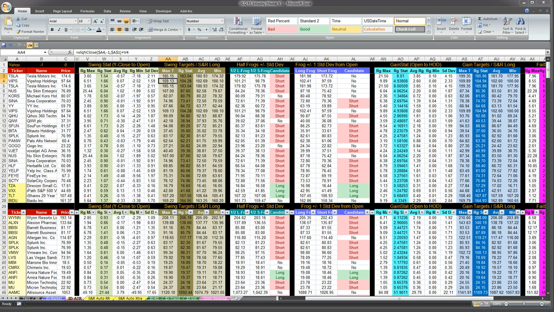So if I had Tesla and it was 174.60, the price it is now, and I'm deciding whether or not I want to hold it overnight, all I have to do is look over here and say, well, for the last 30 days, the minimum move it would make overnight would be this price.